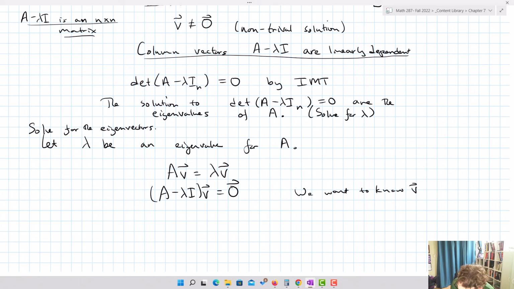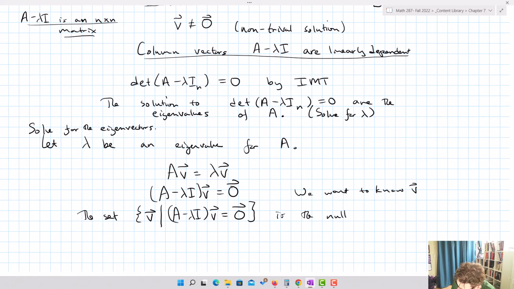The set of v's such that A minus lambda I, v equals 0 is the null space of A minus lambda I.